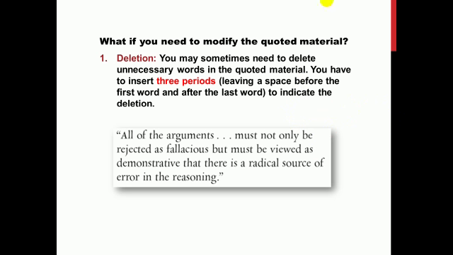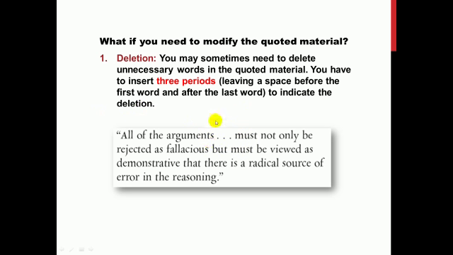So you may sometimes need to delete unnecessary words in the quoted material. You have to insert three periods, leaving a space before the first one and after the last one to indicate the deletion, just as in this example below.